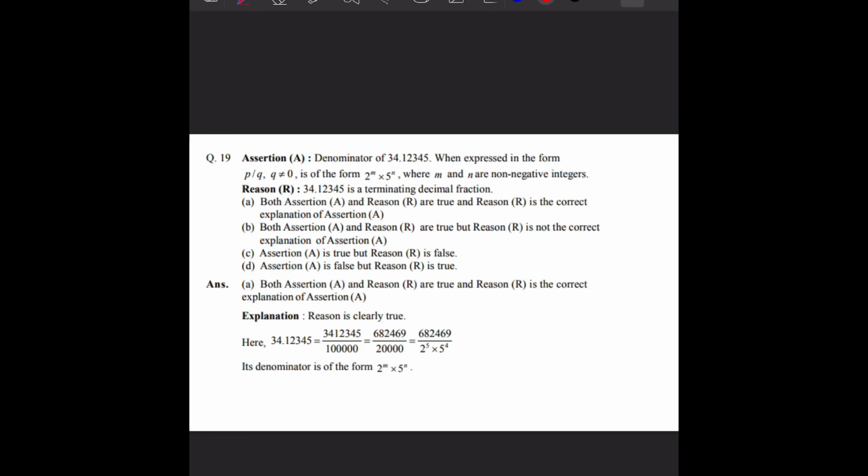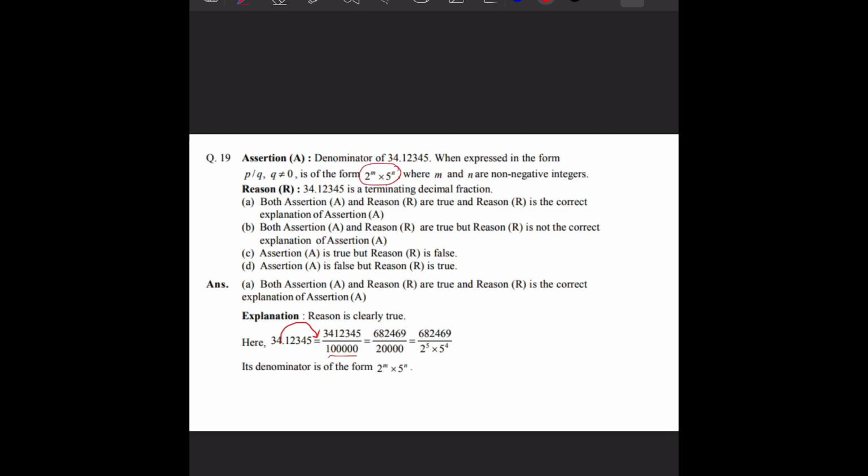Denominator of 34.12345 when expressed in the form of P by Q is of the form 2 to the power m into 5 to the power n, where m, n are non-negative integers. Let's see. You have to move the decimal point 5 places to the right. And we have studied enough math to know that if the decimal point moves 5 places, I have to put 5 zeros after 1. And we all know how to express it in the form of 2 to the power m into 5 to the power n.